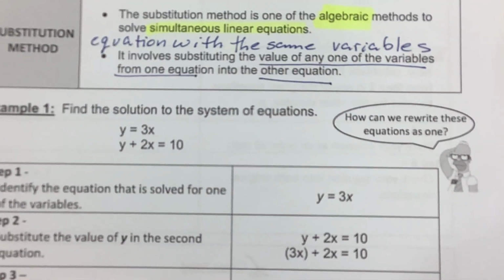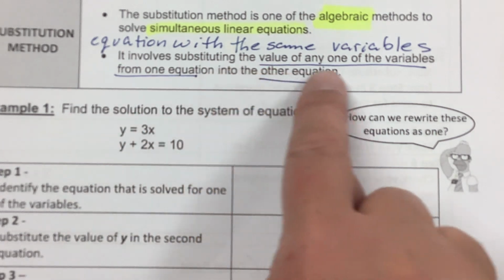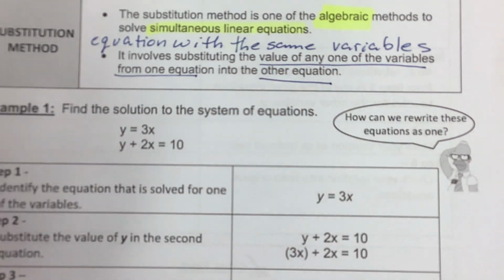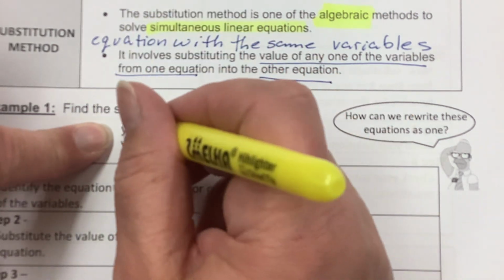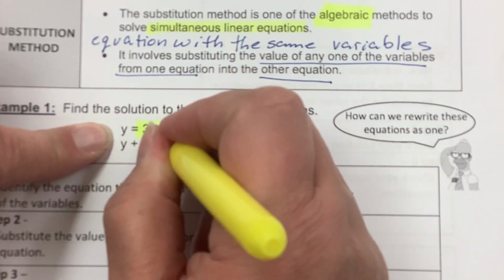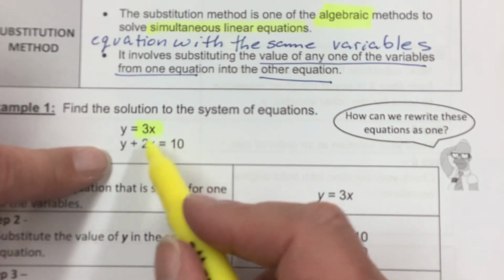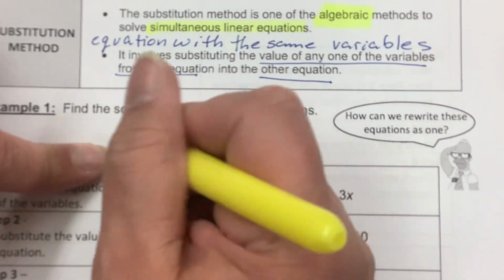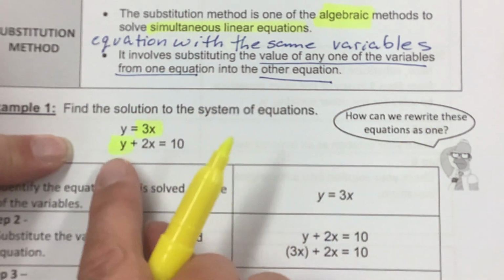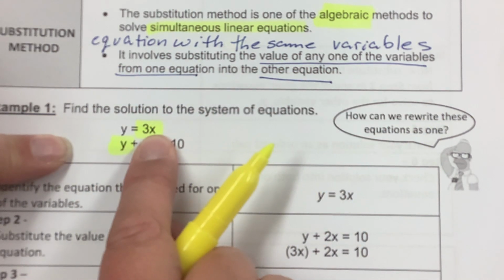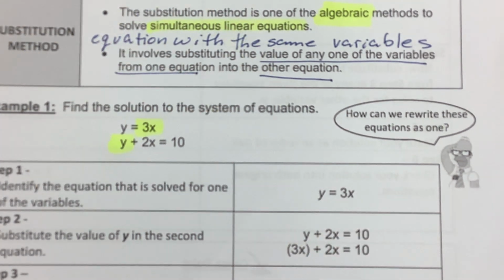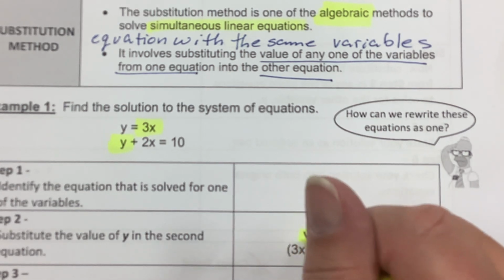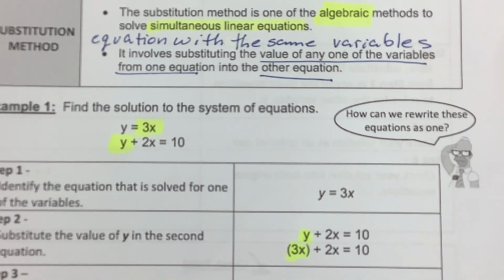So what do I mean by that? It involves substituting the value of one of the variables. So this one variable is y equals 3x. The value of y is 3x. I'm going to substitute 3x into this equation, and I'm going to replace the y with 3x. So identify the equation that's solved for one of the variables. That was easy. Y equals 3x. And now where the y is goes 3x.